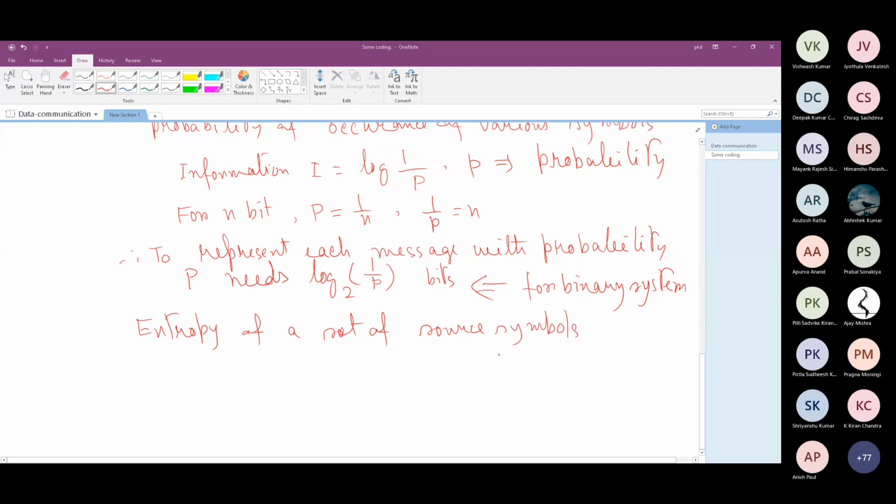Most of the time we call it a source. Say M1, M2, up to Mn, with say P1, P2, up to Pn.